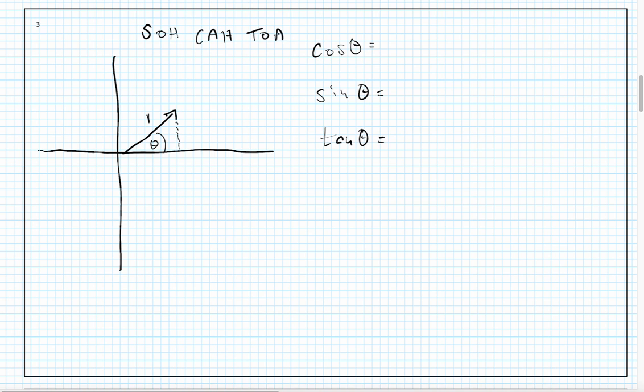Sounds like a vegetable dish. But that basically says that sine is the opposite over the hypotenuse. And the cosine is the adjacent over the hypotenuse. And the tangent is the opposite over the adjacent, which you may remember is also equal to sine of theta over the cosine of theta.